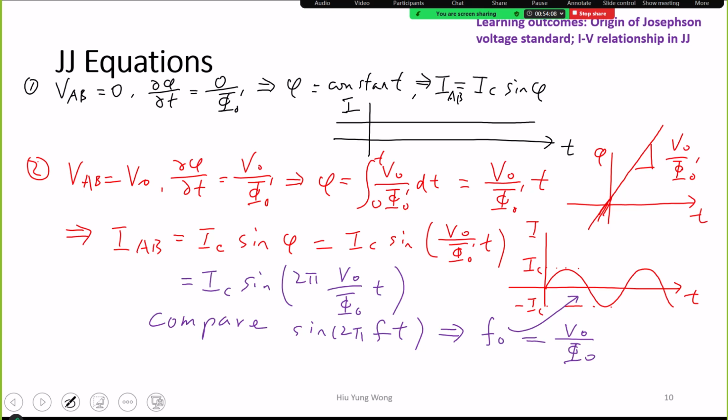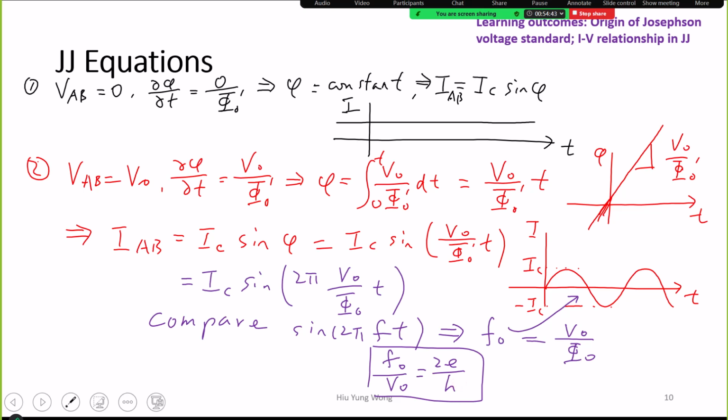And then I can continue to show that f divided by V0 equals, because phi naught equals h divided by 2e, 2e divided by h. A lot of math, but after all, it tells us what? The frequency divided by the voltage is just equal to 2e divided by h.